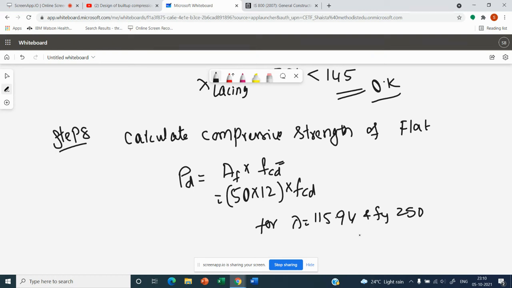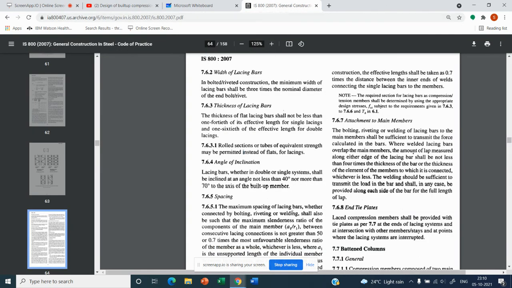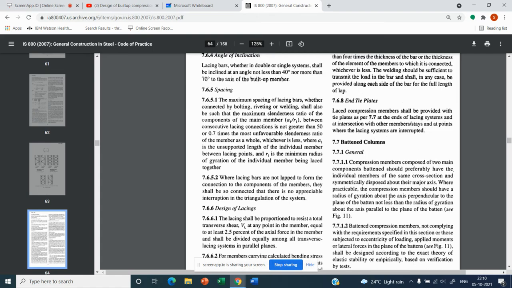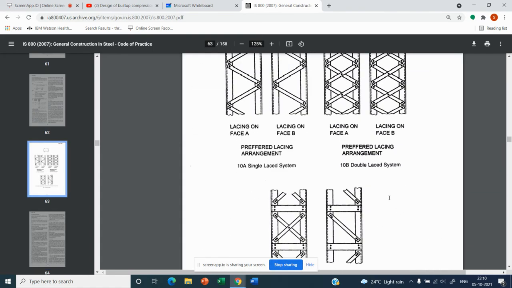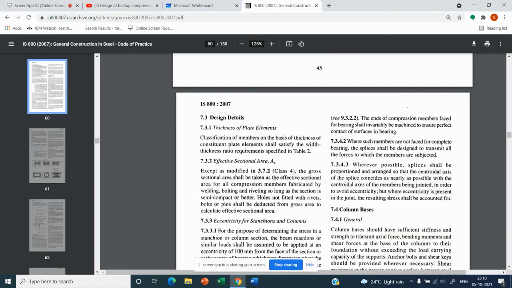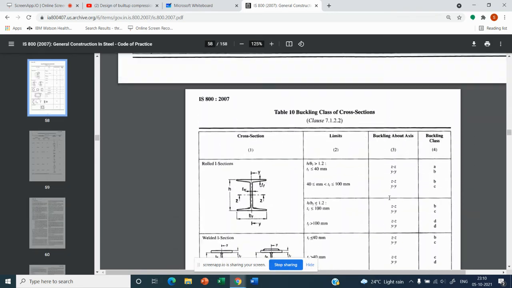Refer to buckling curve C, IS 800 curve C. All buckling curves are in the beginning. Let us check it once.